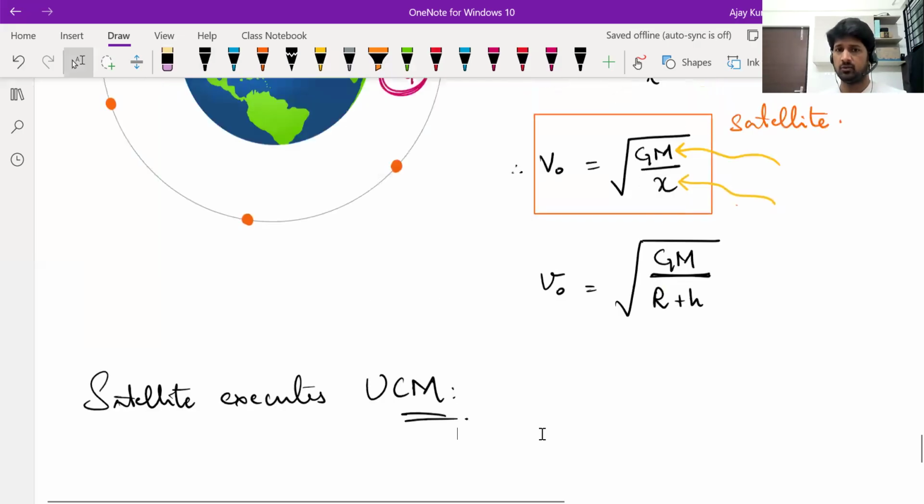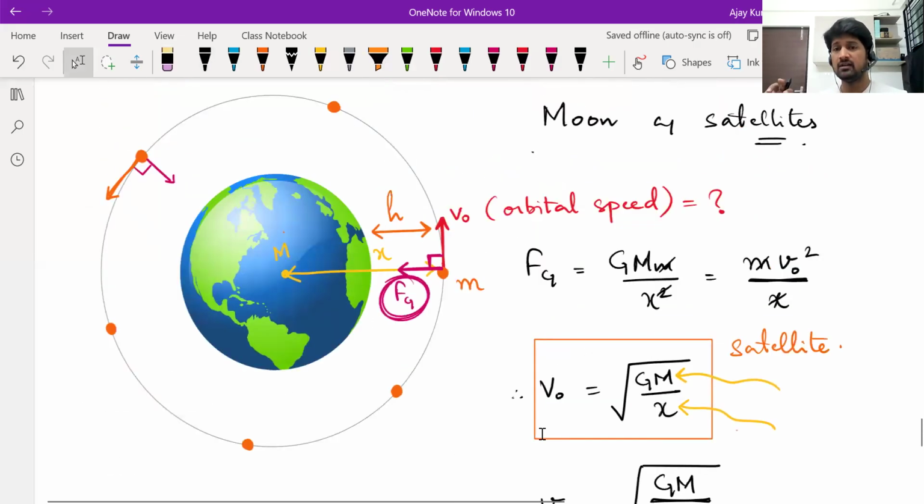Uniform circular motion has something called a time period of revolution. The satellite always takes the same amount of time to complete one revolution around the Earth. And that is also important. You will require some satellites to rotate along with the Earth. Now, you know Earth takes 24 hours to complete a rotation.